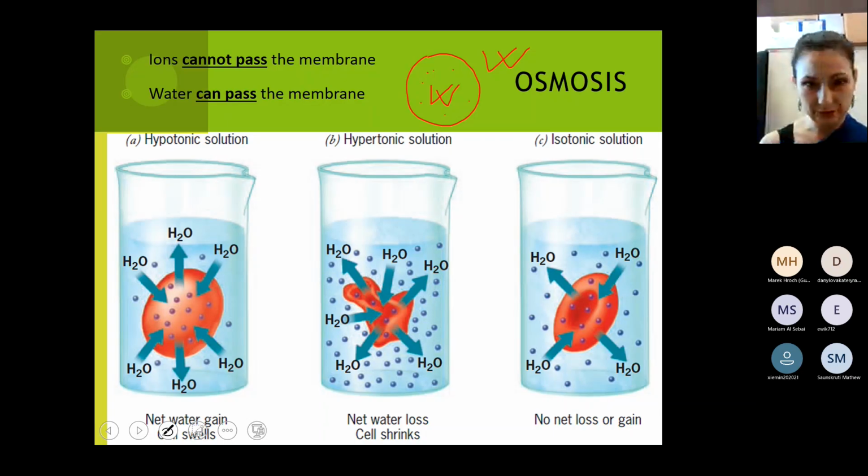There is no salt anymore outside, or just a little amount, much lower concentration than inside the cell. And the cell is surrounded with a plasma membrane which is permeable for water only. Permeable means that water can go across the membrane, nothing else.